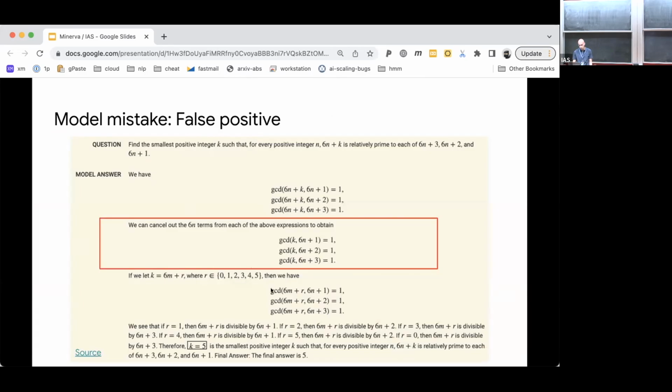That's when it produces a whole incorrect chain of thought and then does give the correct final answer. Some of this might be due to memorization, like maybe some of these questions did appear in the training set, although we worked hard and found only very few examples of things that were in the training set. But we don't really have an explanation for this. Our estimate is that about 8% of the correct model answers are these false positives.